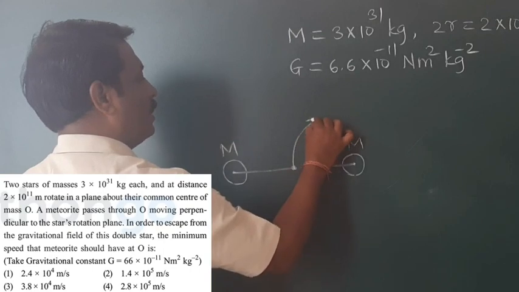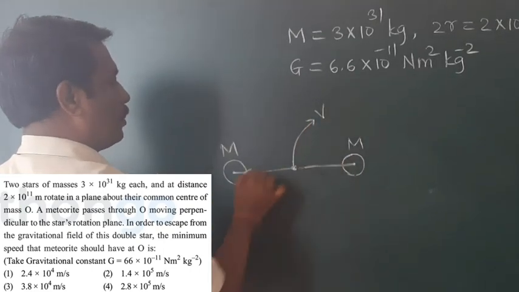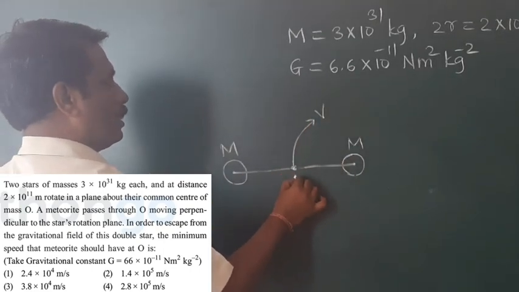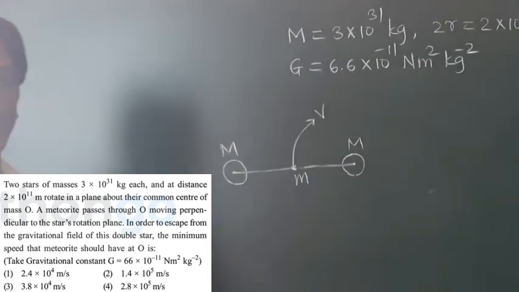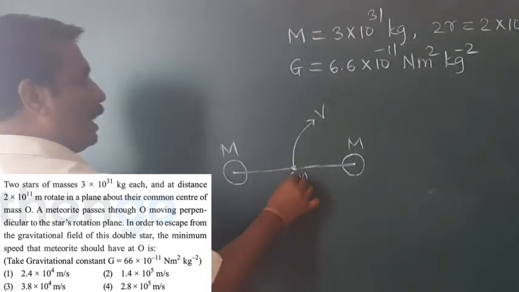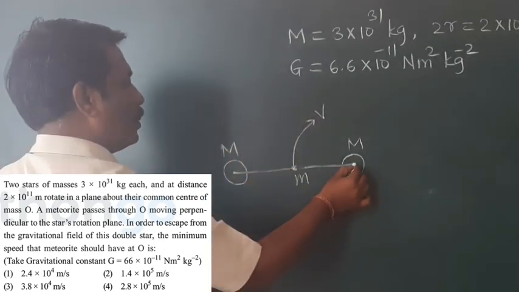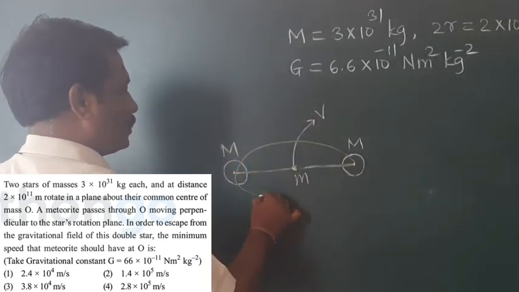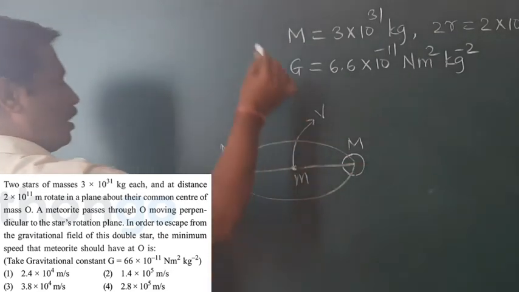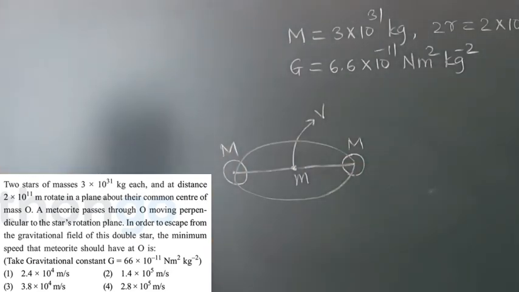So we have to find the velocity of the meteorite. Suppose the mass of the meteorite is small m, and it is moving perpendicular to the plane of rotation of the two stars.